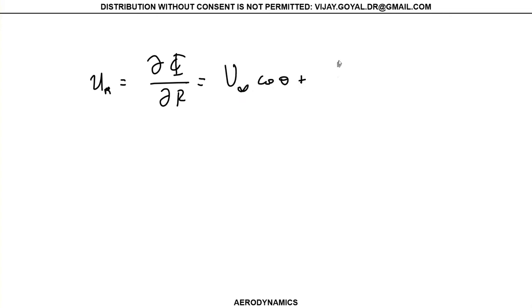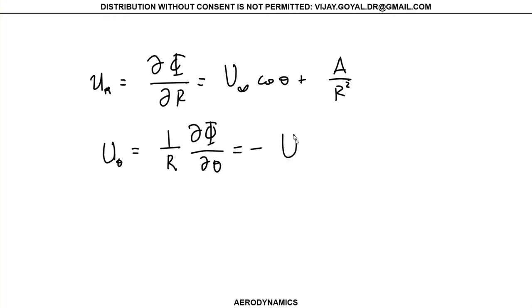So in our particular problem, what you will have is, in such a case, remember, u r is the partial of phi with respect to r, which is U infinite cosine of theta plus A over r squared. And then u theta will be 1 over r, partial of this with respect to theta, which will be minus U infinite sine of theta.